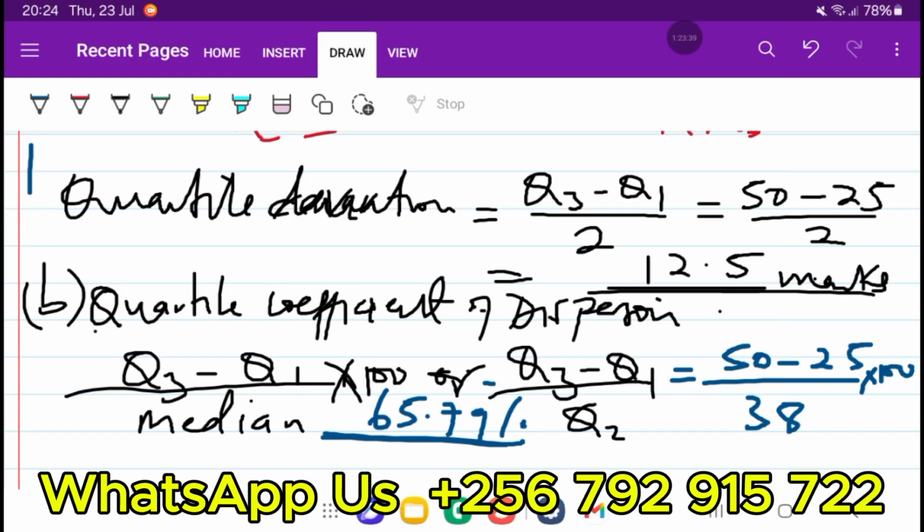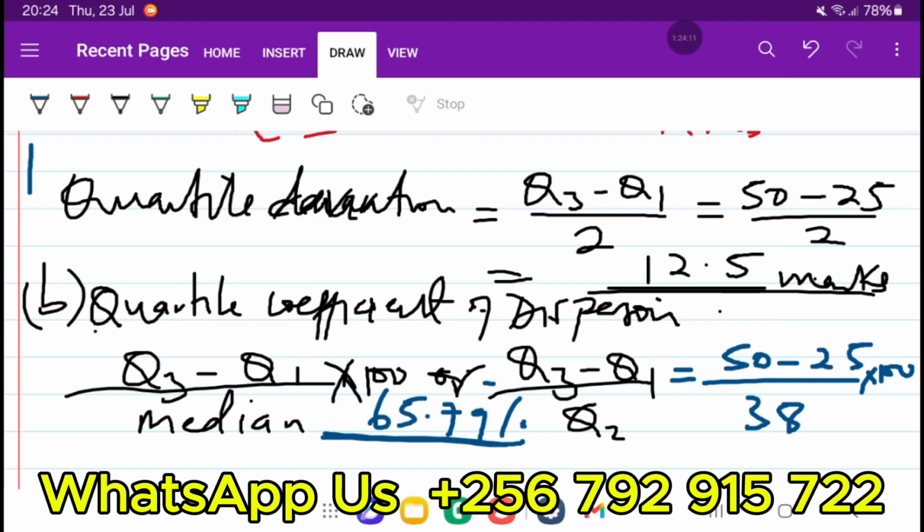The other person can also say that 25% of the students scored between 38 and 50, because 38 was the median. So 25% scored between 38 and 50, because from the lower quartile to the median, there is 25%, or there is 1/4.